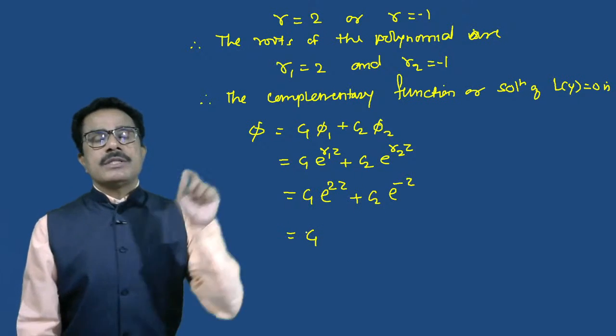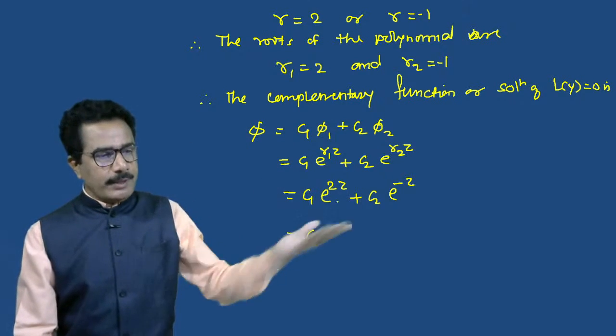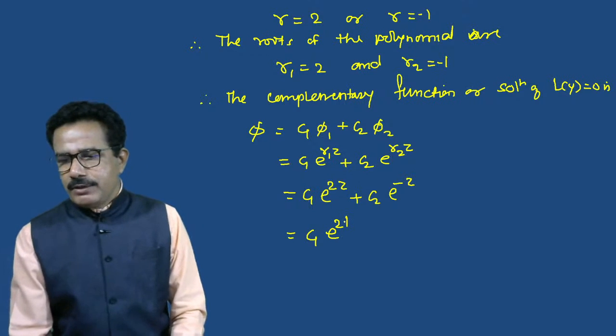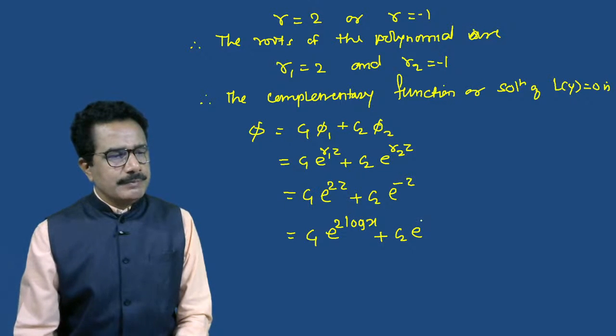but replace the value of z because our main differential equation is in terms of x. So replace this. So we can write this as c1 e raised to 2 into z, what is the value of z, students tell me, log x, plus c2 e raised to minus log x.